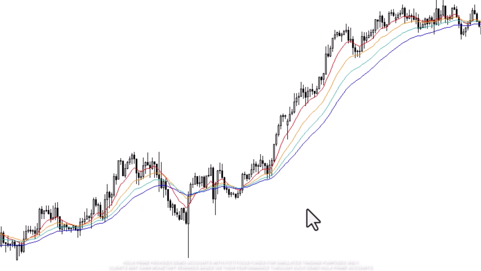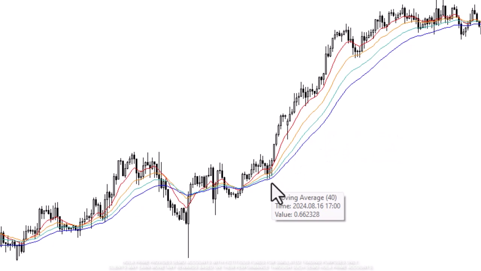Well, you let the market tell you, and that's one of the better parts of this trading strategy. What you're waiting for is in this case the 10, the shortest moving average, to cross below the longest moving average, in this case the 40, to tell you when to get out.